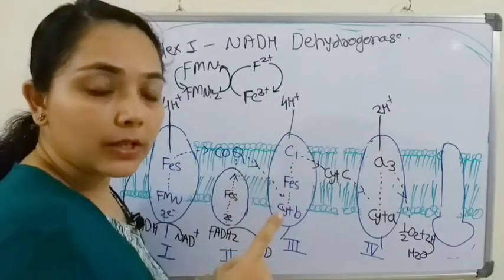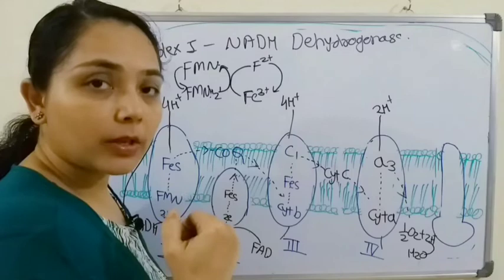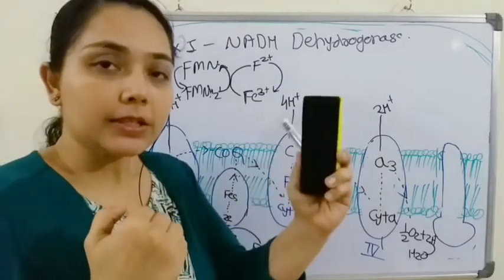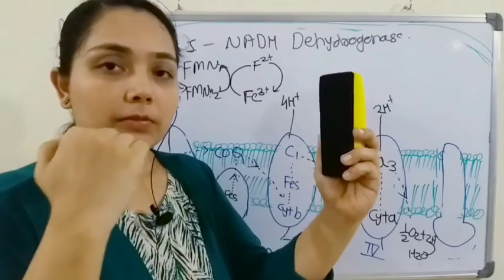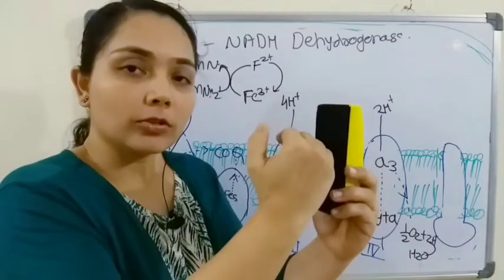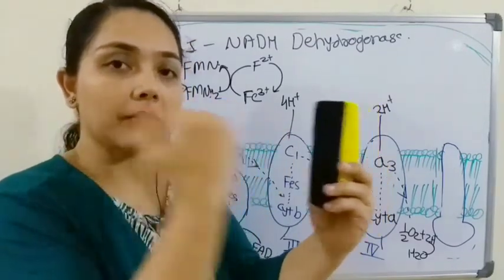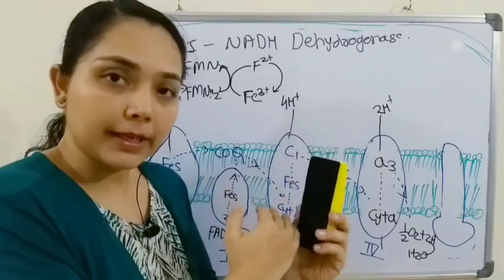Complex 1 will accept the electrons from NADH, because the energy level of complex 1 will match, so NADH will donate its electron to complex 1. Therefore, complex 1 will accept the electron from NADH.